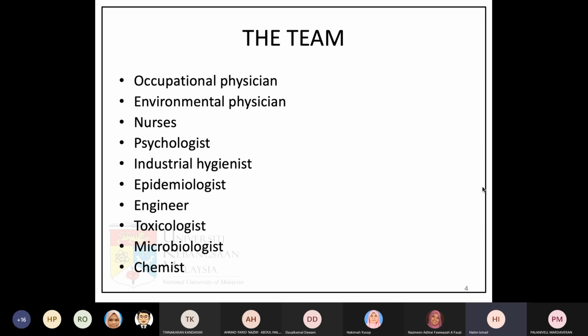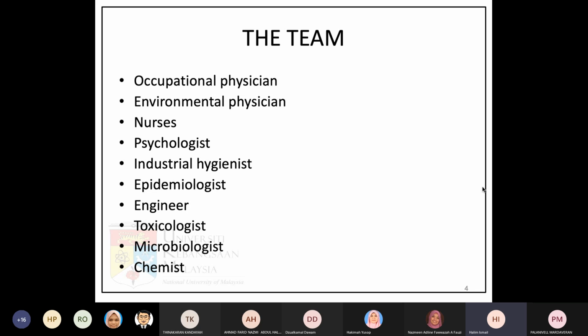But from the occupational health perspective, everything is focusing more on the workplace, okay. So there are a lot of people involved with occupational safety and health.